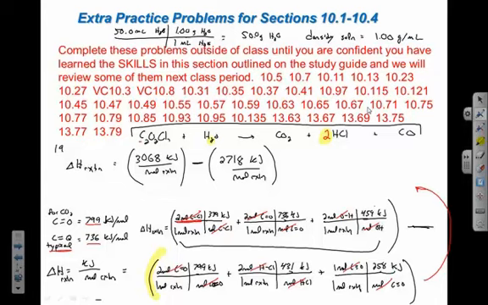So then I just subtract that. And I get 350 kilojoules per mole of reaction. And it's positive because that means that more energy is required to break the bonds in the reactants than I get released when the bonds form in the products.